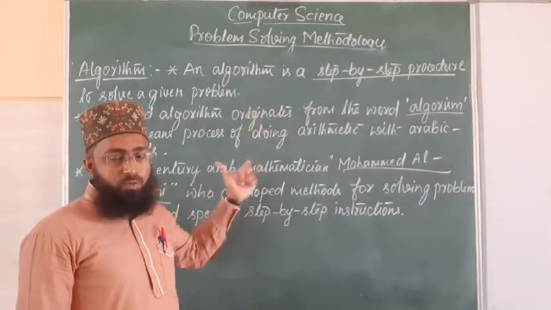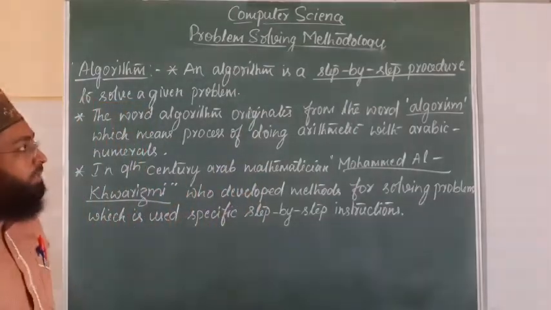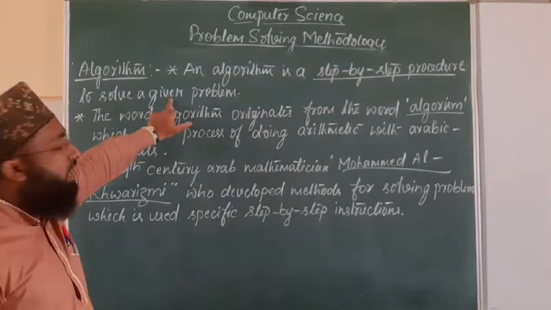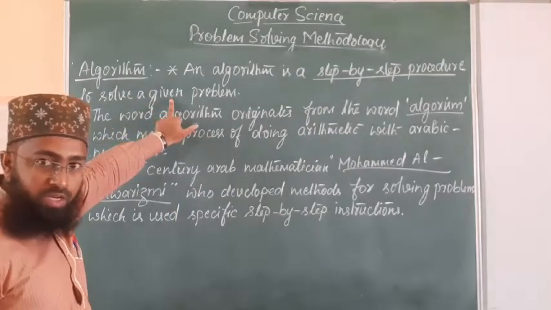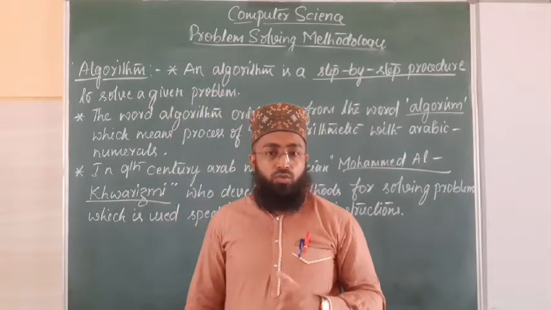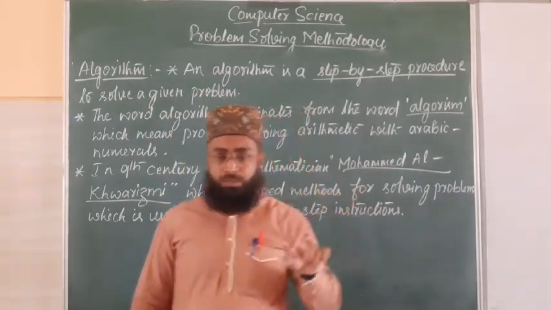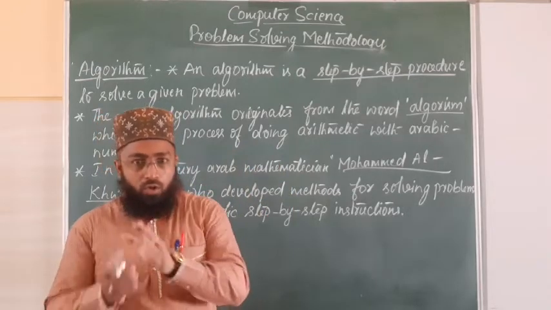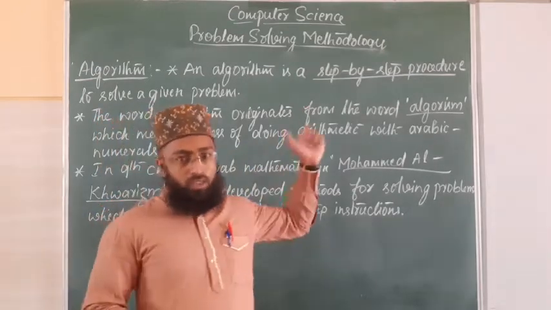It is a step-by-step procedure to solve a given problem. If any problem is there, to solve that problem we need to take a few steps, and that step-by-step procedure we call an algorithm.